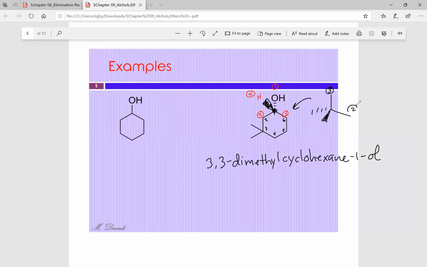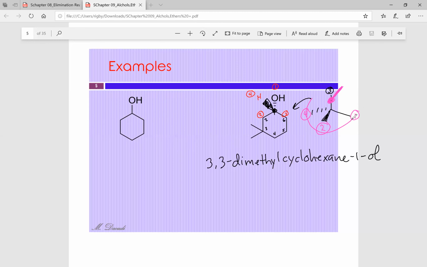Priority 2 is off to the side. Priority 1 is here, and priority 4 is right here. Just a reminder, we're going to pick this guy up by 3, and then we're going to twirl him around so that 4 is on our dashed wedge. So 4 is going to go where 1 is, 1 is going to go where 2 is, etc. So 4 goes here, 1 goes here, and then 2 goes here.